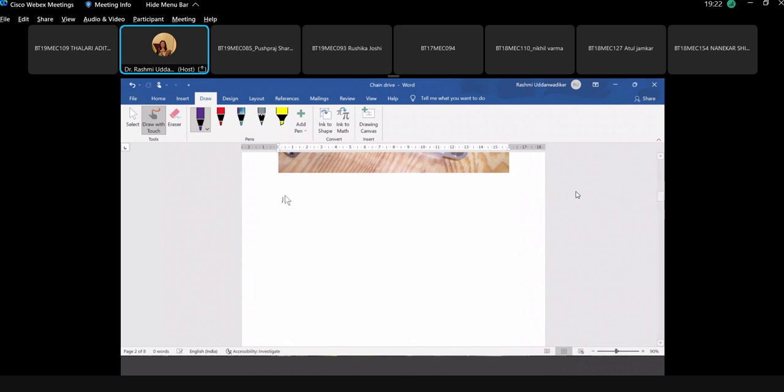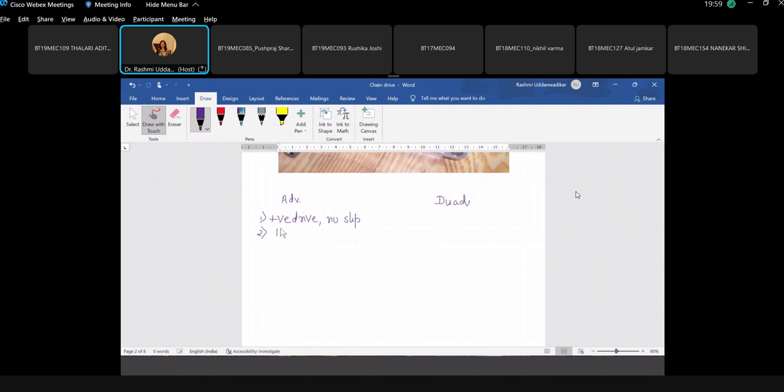Okay, what else? Your points. Advantages and disadvantages of chain drive. As compared to belt drive, this is a positive drive, so no chances of slip. Yeah, come on, give me the points from your side.